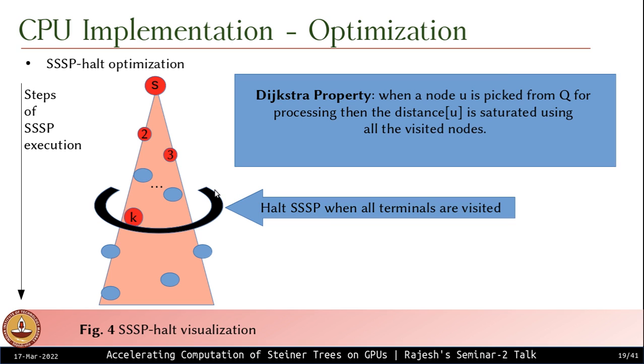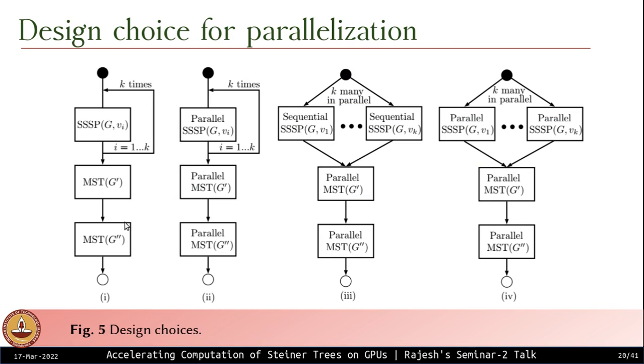We are able to achieve this using a Dijkstra property. The property is the following: when a node is picked up from the queue for processing, the distance of that particular node is saturated using all the visited nodes. This made it possible to halt the SSSP when the last terminal is visited. This significantly improved the performance of our CPU implementation.